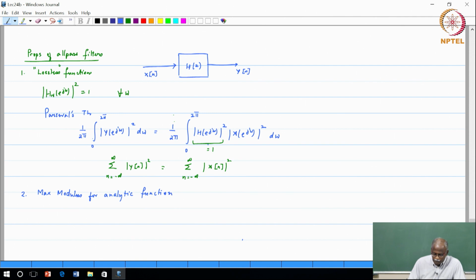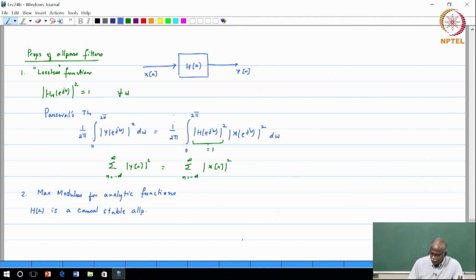Okay. Now, if h of z is a causal stable all pass, that means there are no positive powers of z and all the poles are inside the unit circle.